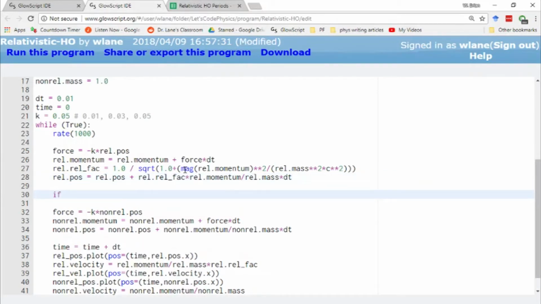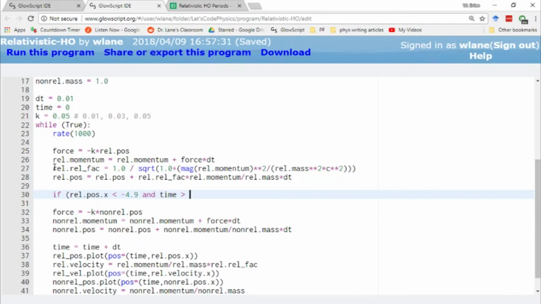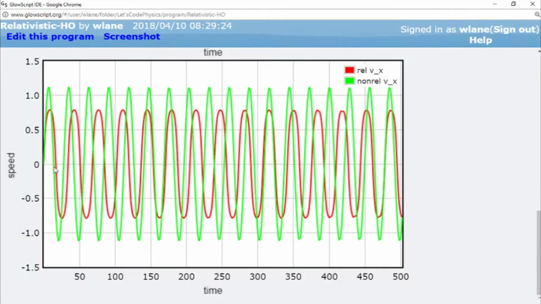So let's have, if the relativity position dot x is, I'm always hesitant to do an equal sign, so let's do less than negative 4.9, because you never know if it's going to be 4.99999 and not count that as equal. And then we'll say, and let's have the time be greater than, let's see, I need it to be greater than a few time steps.